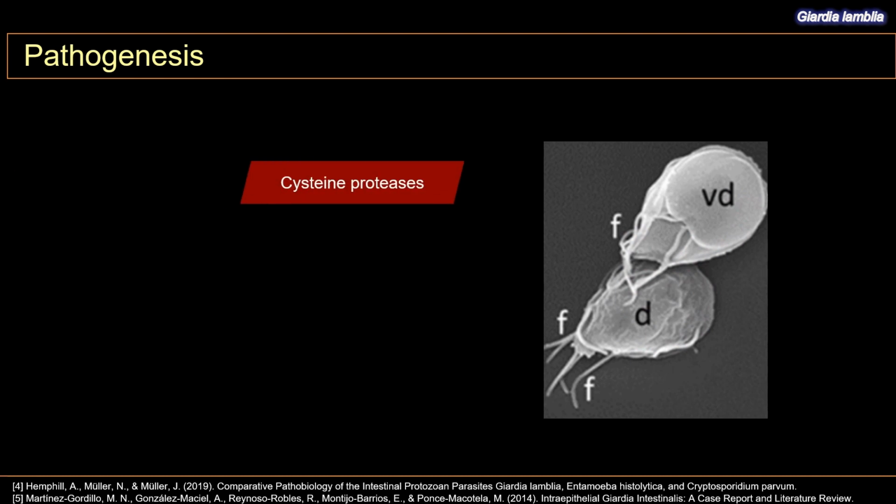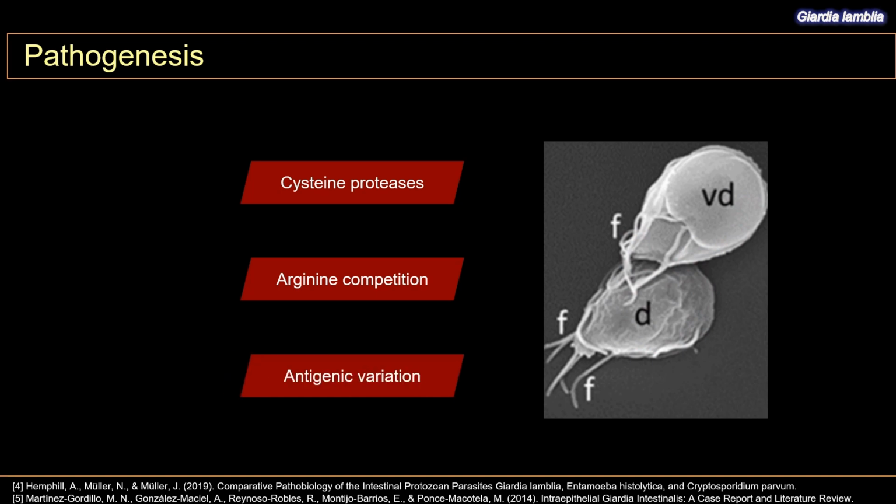Cysteine proteases are recently considered a major virulence factor for Giardia, responsible for disruption of the tight junctions, enterocyte cell death, mucus depletion, and degradation of host immune factors. Giardia also competes for arginine to reduce nitric oxide production by the enterocytes.